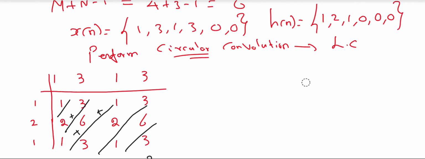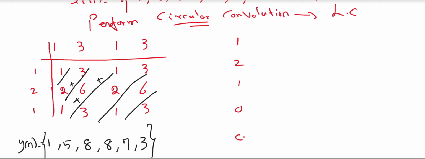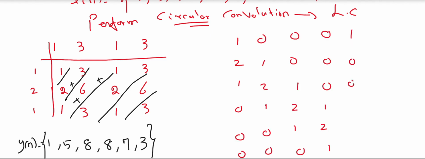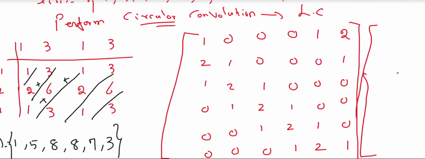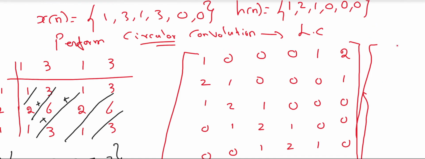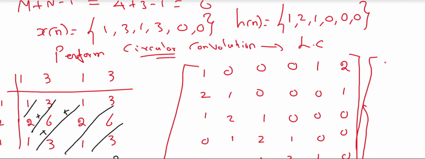In the matrix form, you take one of the sequences as 1 2 1 0 0 0, then the second sequence is 1 3 1 3 0 0.